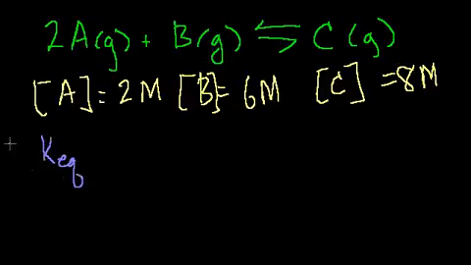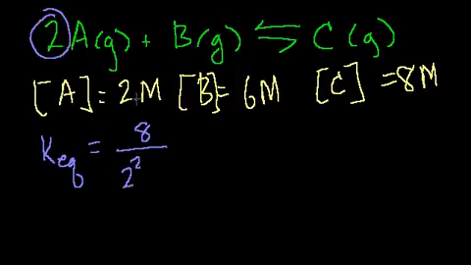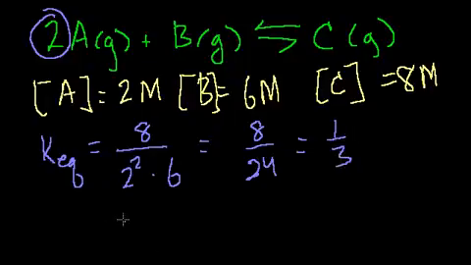The equilibrium constant is the concentration of C, that's 8 molar, divided by 2 molar squared, because of this coefficient, times 6, which is equal to 8 over 4 times 6, or 8 over 24, which is equal to 1/3. Now, let's say we were to add more A.